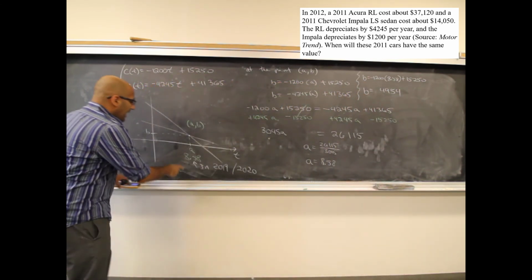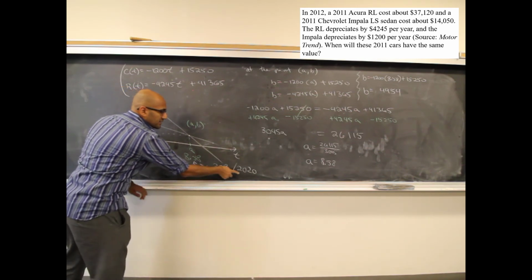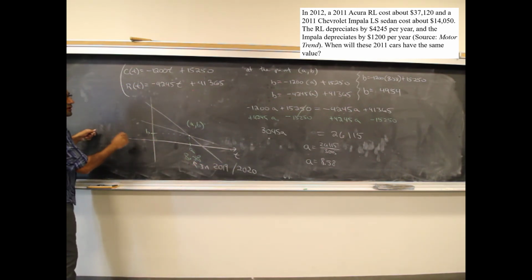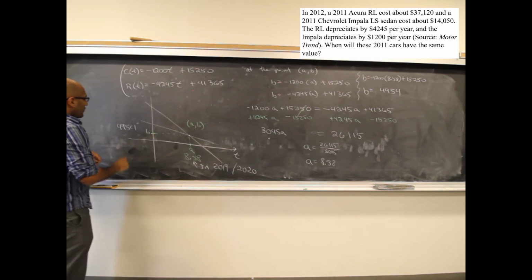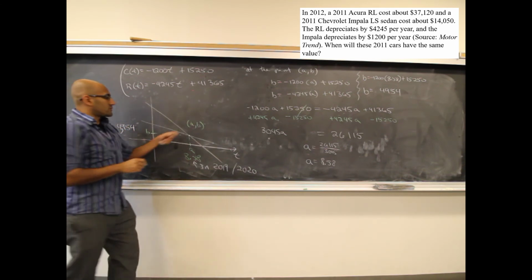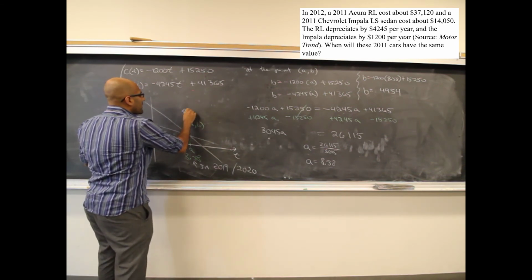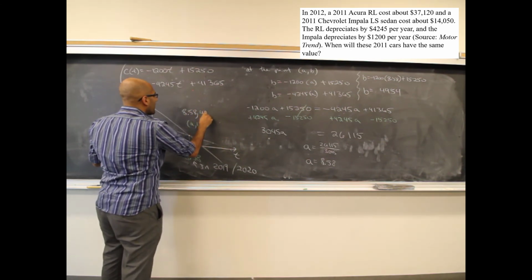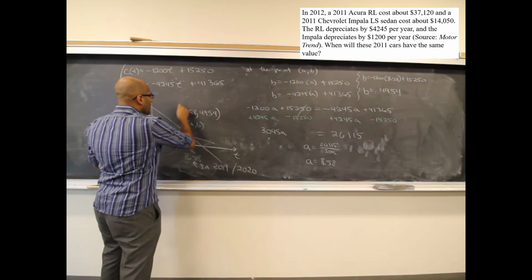So this is saying that in the year 2019, 2020, the value of both cars is going to be about $4,954, right? So this is 8.58, comma, 4954. Okay?